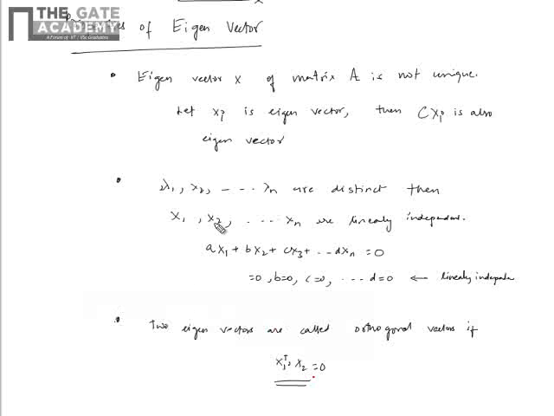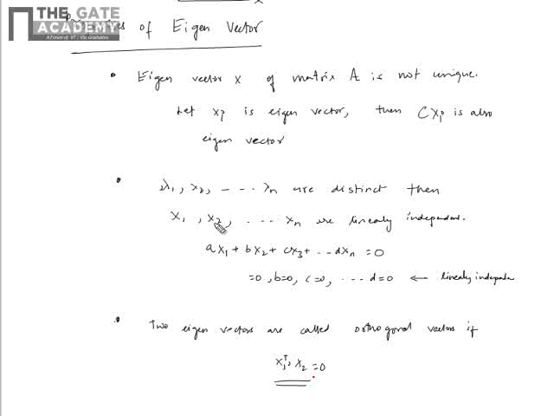So let's now move on. Till now we have seen the definition, and we have solved one introductory example to know what an eigenvalue and an eigenvector are, and then we have seen the basic properties of eigenvalues and eigenvectors.